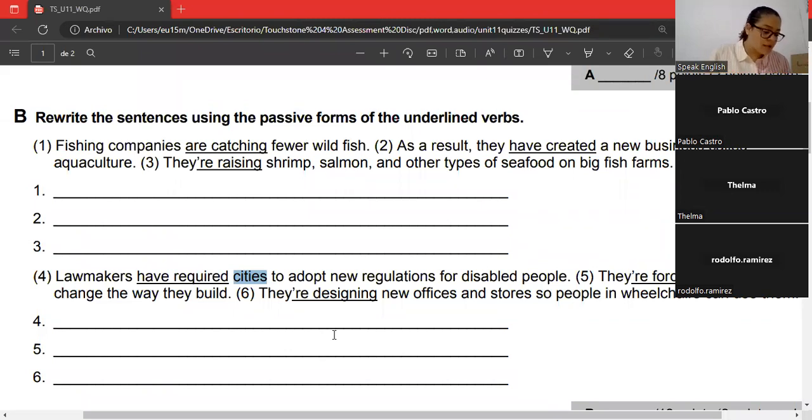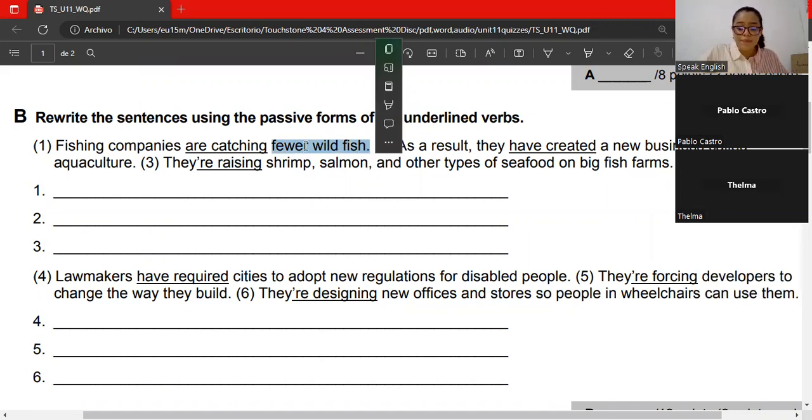Being caught. Telma, fewer, la palabra fewer va unida a wild fish. No me la separe. Okay? Don't separate it because this is the subject or the object.